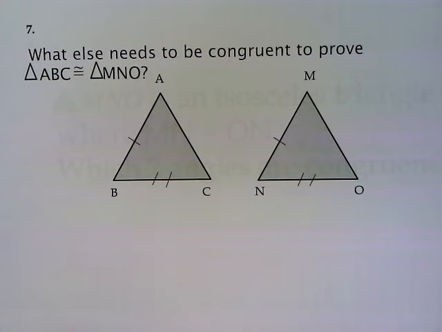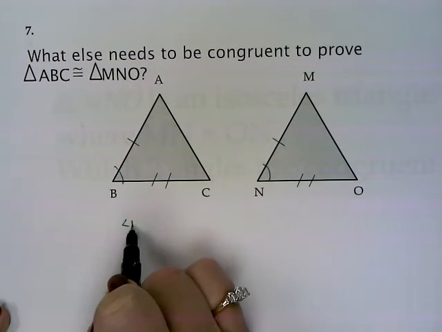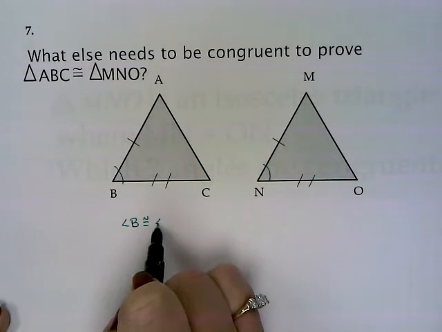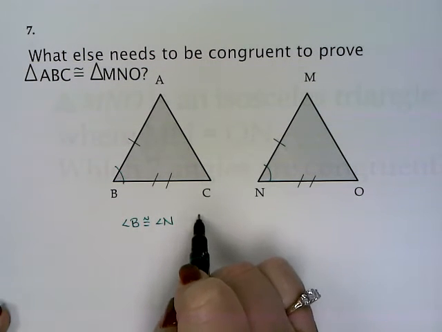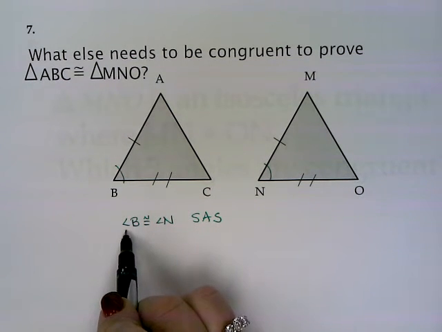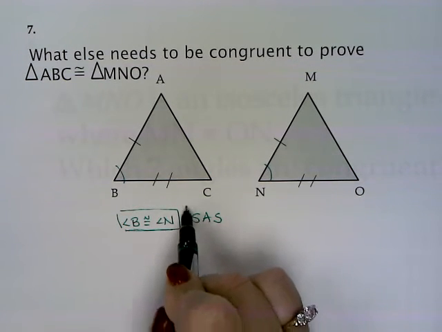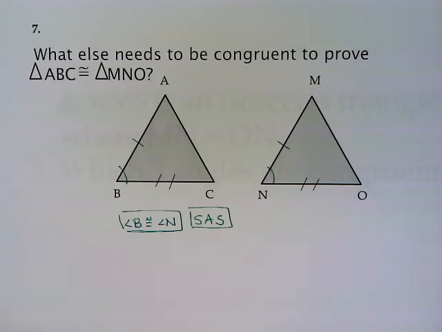Side, angle, side, if I know this, then I know I can have this. Angle, side, angle, I don't have another angle and there's no way to get there. And hypotenuse leg, I don't have a right triangle. So I need to know that angle B is congruent to angle N to prove it by side, angle, side.